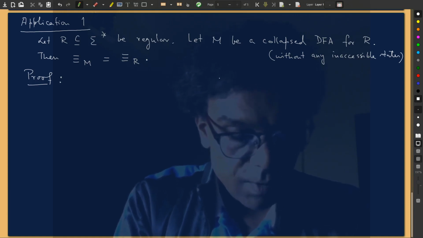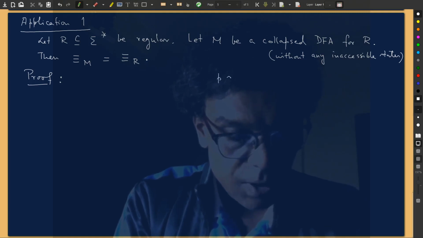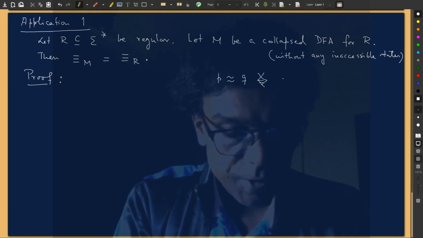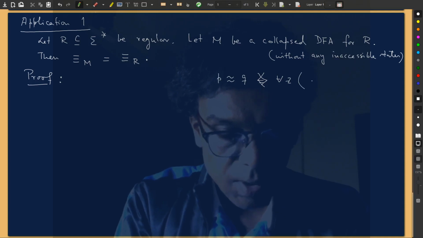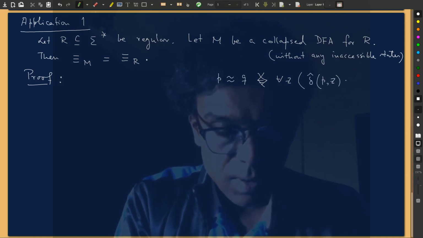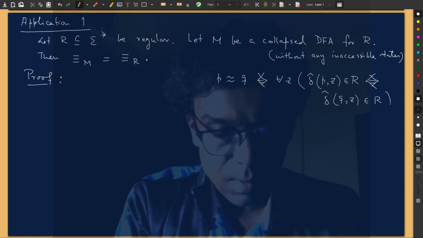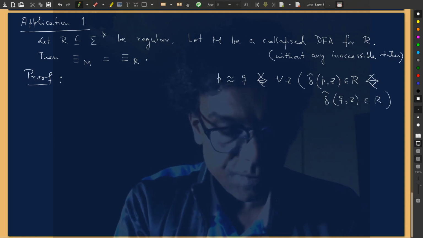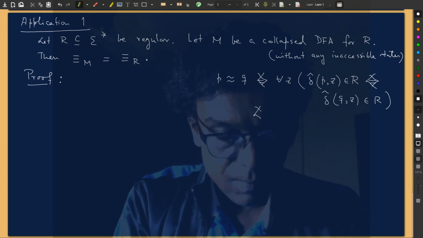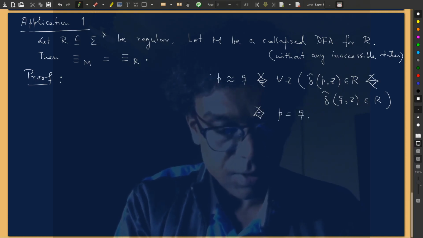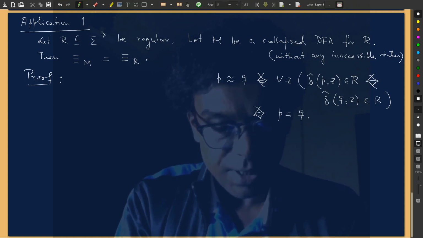So, if I now define the relation on states, P equivalent to Q, if and only if, you recall this definition of equivalence of states, if and only if for all z, delta hat of P,z is in R if and only if delta hat of Q,z is in R. And since this cannot be collapsed further, this is equivalent to saying that P is equal to Q. No further pairs of equivalent states exist, and therefore this equivalence relation on the set of states that we have used is essentially the equality relation or the identity relation.